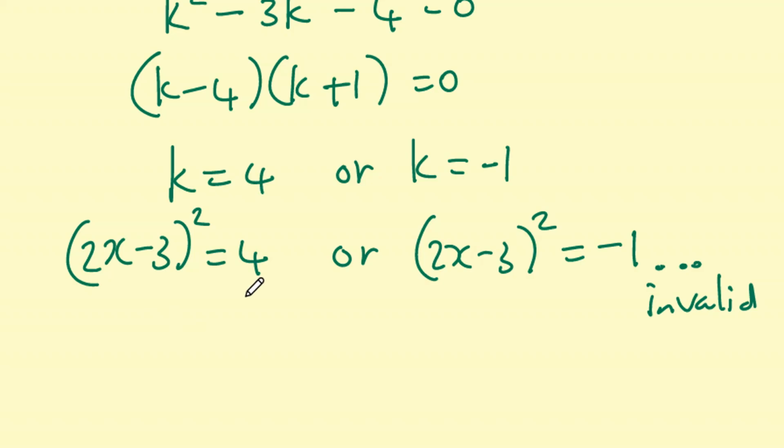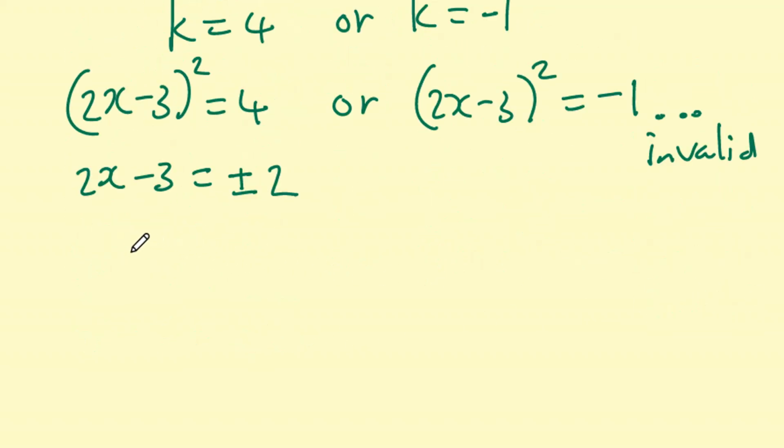So we can solve this equation. We can take the square root on the right hand side. So we get rid of the square here by taking the square root on the right hand side. So plus or minus the square root of 4, which is plus or minus 2. And now we just solve for x. So 2x will equal 3 plus or minus 2.